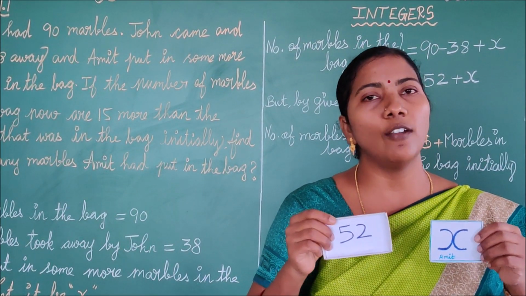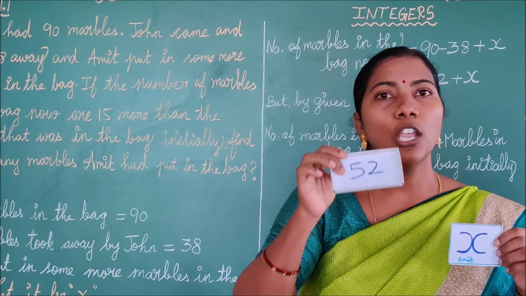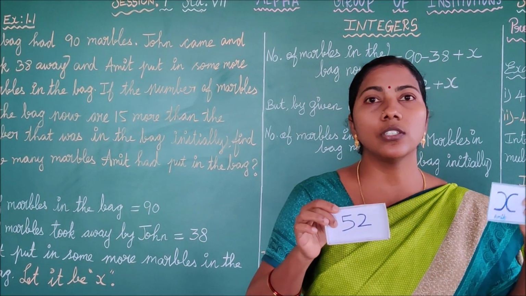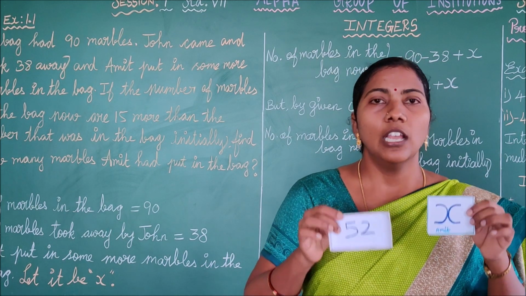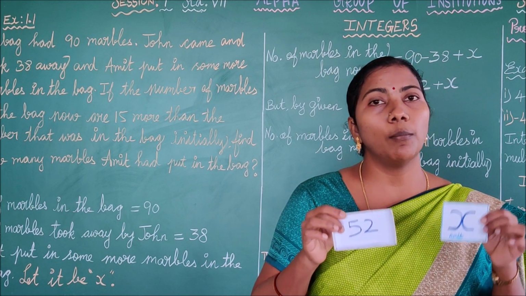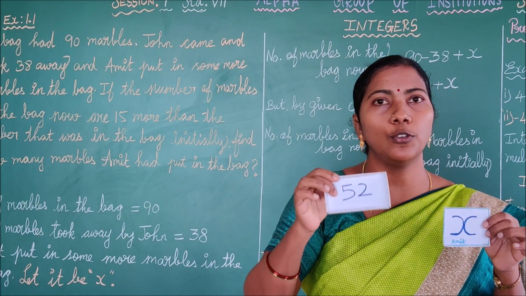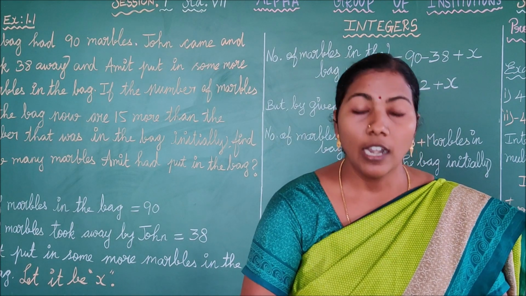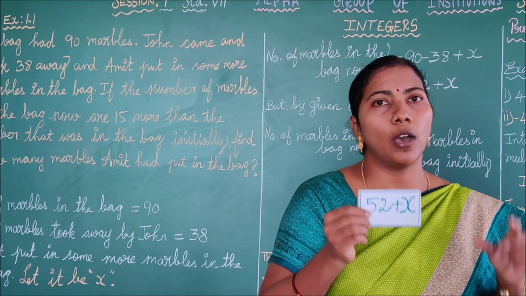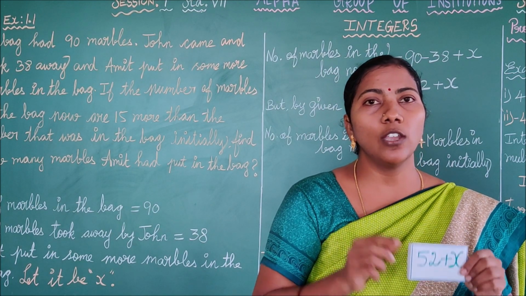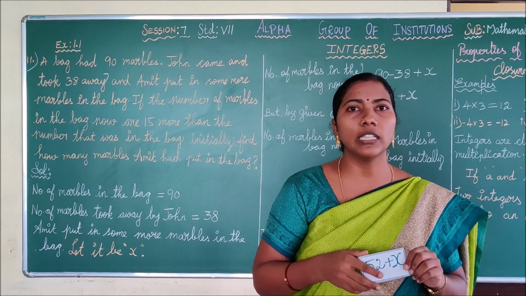Initially 90. After John took away, we get only 52 marbles. Now Amit put some more marbles. Let that be X. Now the number of marbles in the bag is 52 plus X. That is, now the bag contains 52 plus X marbles. It's clear, children? Next we are going to solve this problem by using the board.